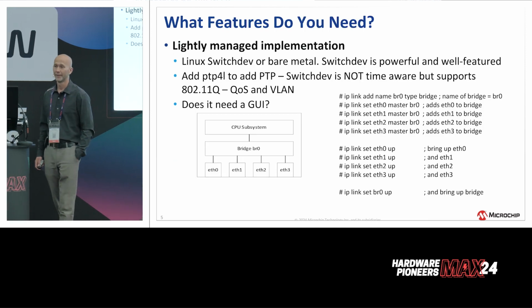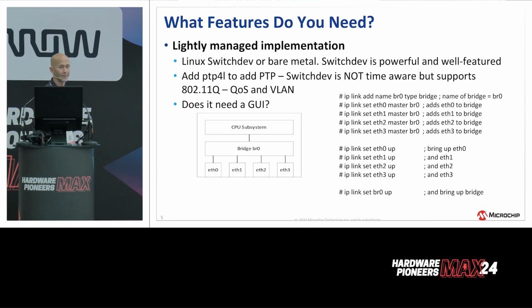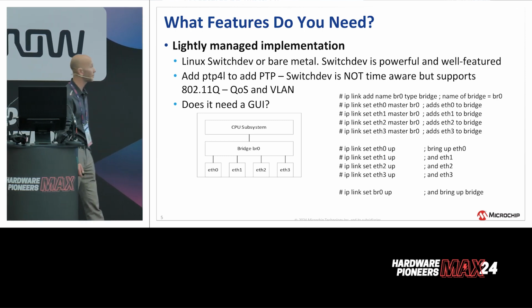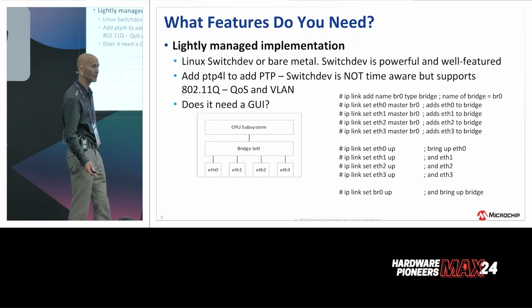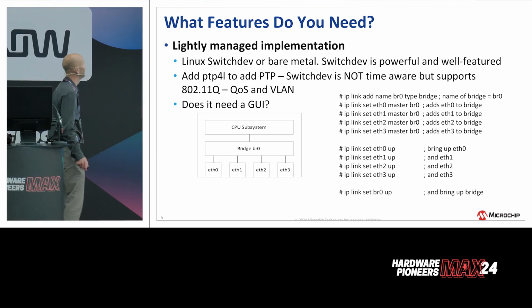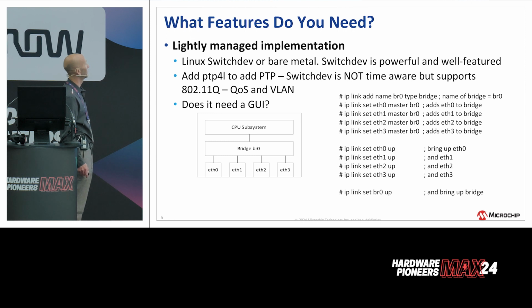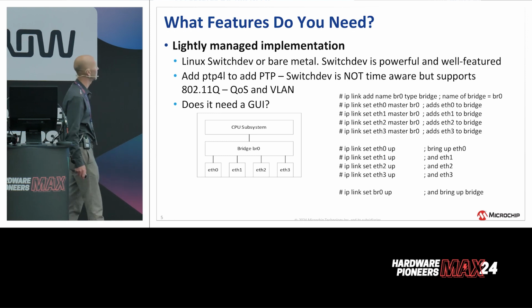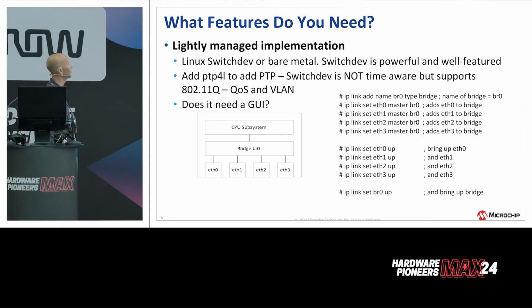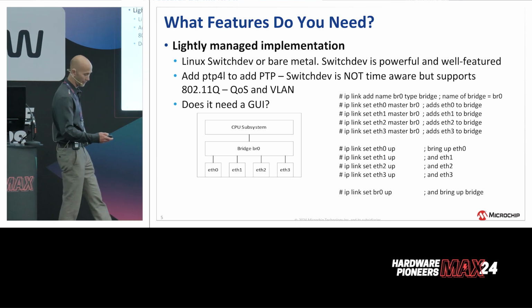So, lightly managed solution. Linux switchdev, all bare metal. Switchdev is powerful and well featured. If you've used OpenWRT, their DSA architecture is now based on switchdev. And if you want precision time, then we can add a PTP4L package to switchdev, which has that feature and doesn't need a GUI.